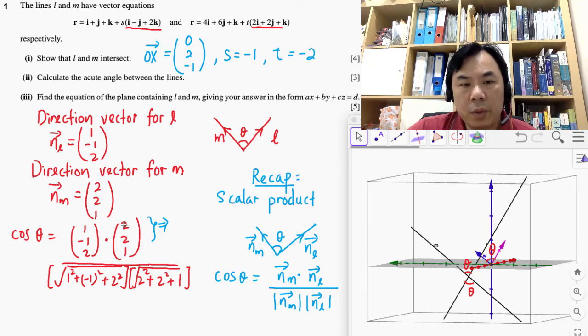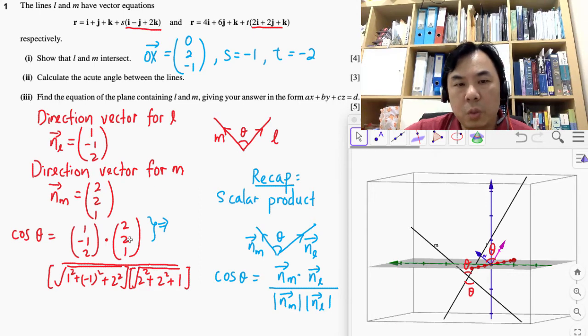The first one is 1 multiplied by 2, that is the product for the first row. The second product for the second row will be -1 multiplied by 2. The third product is 2 times 1. Once we have obtained all the products, we're going to sum them up.